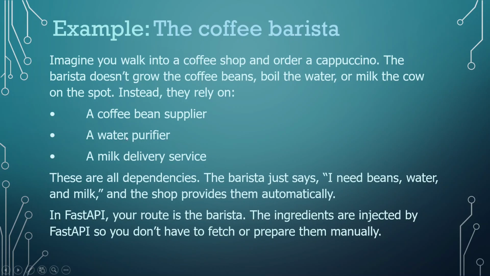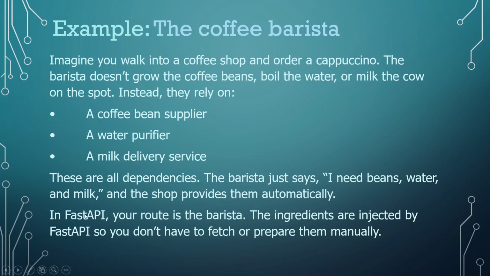There will be one water purifier, from where the barista will get the water, and one milk delivery service that will deliver the milk. Using these three ingredients, or any other if needed, the barista will just create coffee for you.